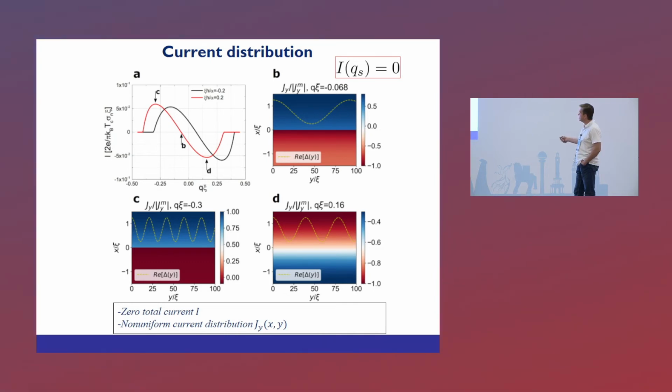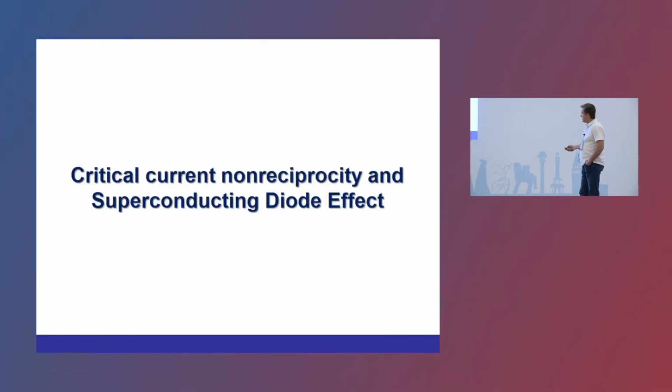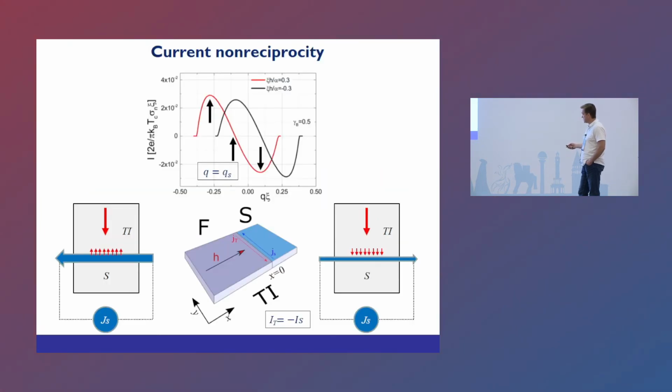When there is no current bias, the system is in the ground state. And these two states are for maximum and minimum currents, which means that we bias our system with some external current. Because of this current non-reciprocity, there is a possibility to develop a superconducting diode effect. What is this?